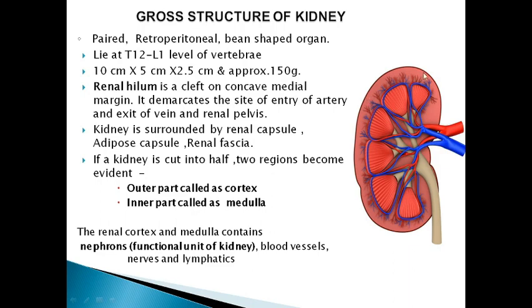One is the outer cortex and the other one is the inner medulla. The cortex and the medulla contain the nephrons, which are referred to as the functional unit of the kidney. Apart from the nephrons, blood vessels, nerves and lymphatics are also present in the cortical and the medullary portions.